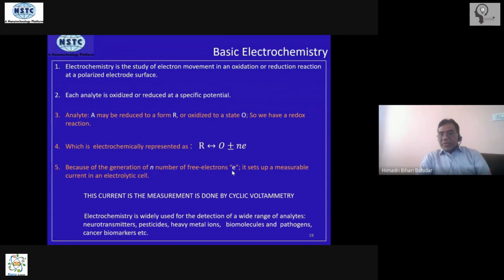It can be neurotransmitters, cancer biomarkers, pesticides, heavy metals, pathogens, biomolecules, peptides, many different things, because most of these undergo this reaction, thereby producing free electrons, which are measured as a current in a cyclic voltammetry experiment.